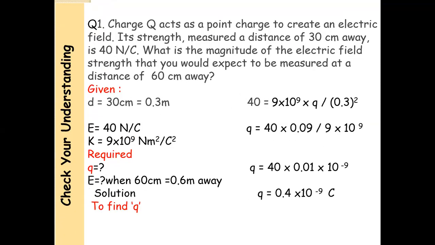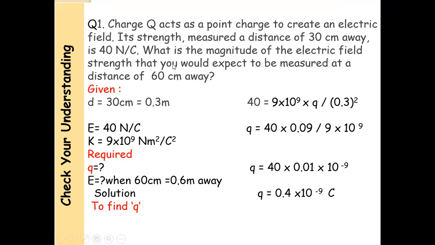Now we are going to do a numerical related to that. A charge q acts as a point charge to create an electric field. This is your source charge. Its strength measured at a distance of 30 centimeter away is 40 Newton per Coulomb. So the electric field intensity at a distance of 30 centimeter is this.